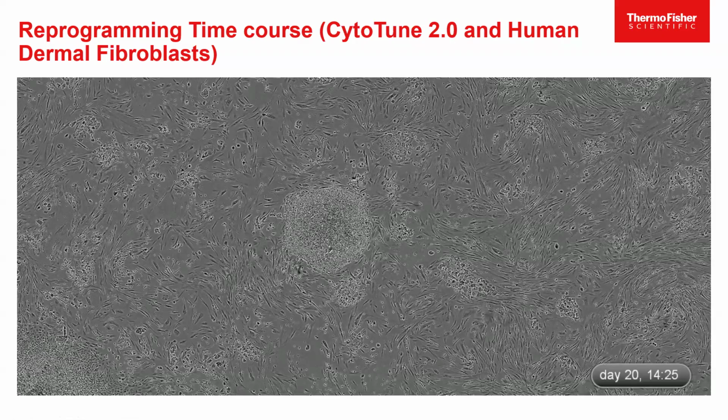But each individual colony that you see is, in theory, a single cell that was able to reprogram, right? It's a cell that received all of the reprogramming factors and was able to drive that signaling cascade in order to initiate reprogramming, but more importantly, also not just initiate it, but continue and finalize that reprogramming process.